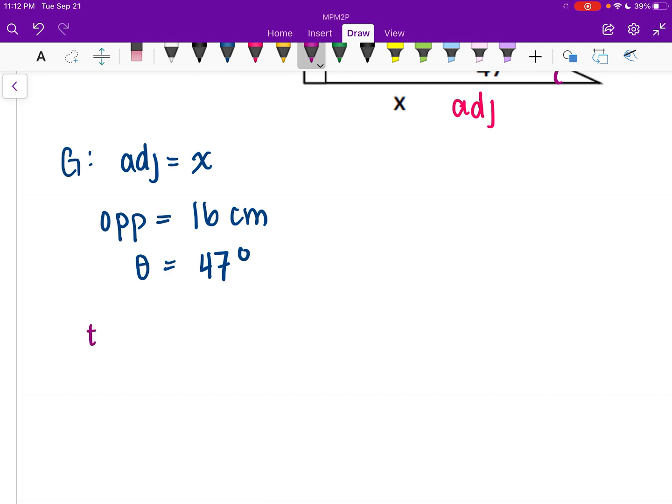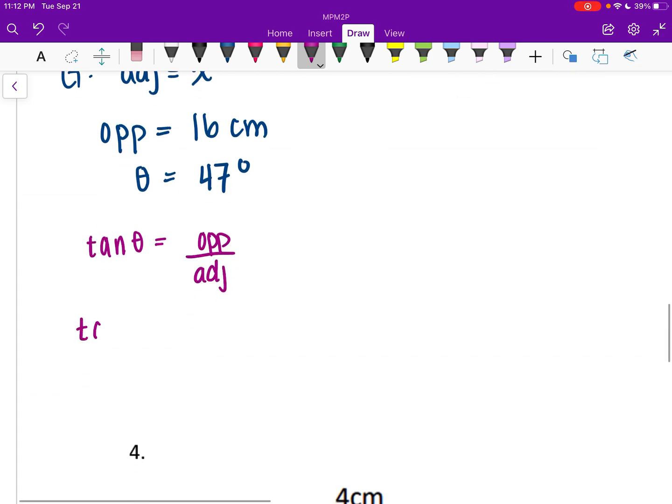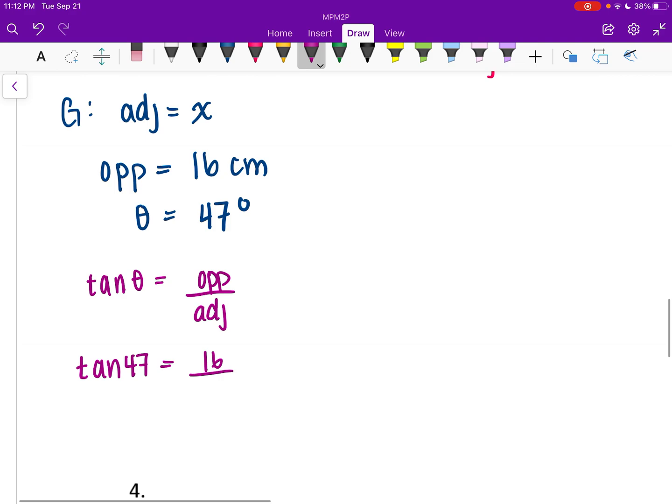So I know tan theta is equal to TOA, opposite over adjacent. So I'm going to say, okay, tan 47 is equal to 16 over x, right? And now we got to do that proportion stuff again. So I want to get rid of the x down here.